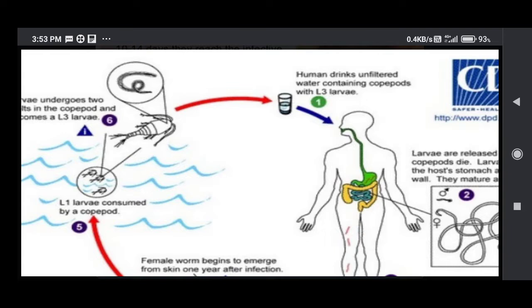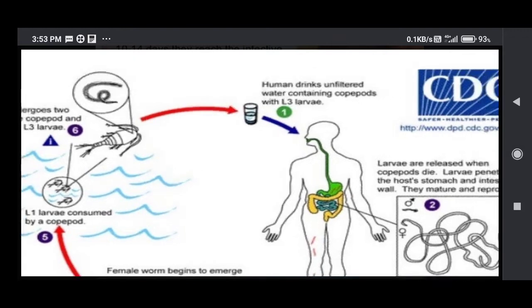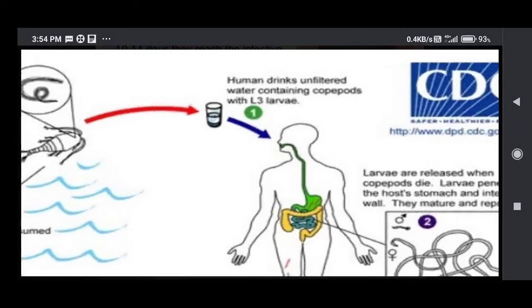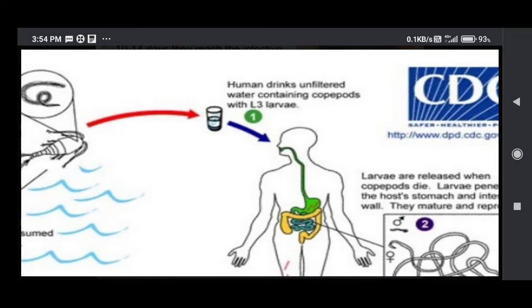L3 larva is present in the water and in the copepod, and the human drinks unfiltered water containing copepods with L3 larva. In poor countries there is no safe drinking water, which is why human beings drink unsafe water contaminated with L3 larva.